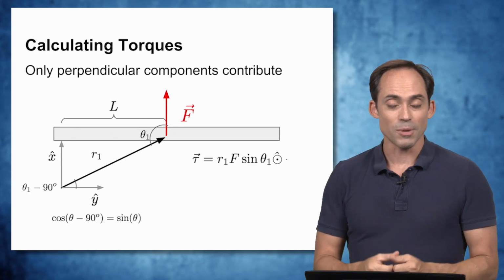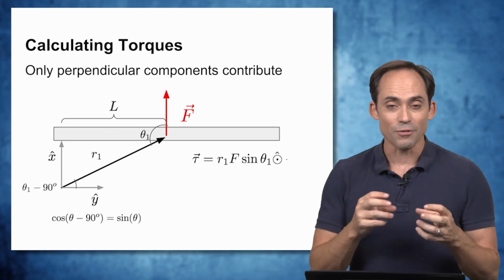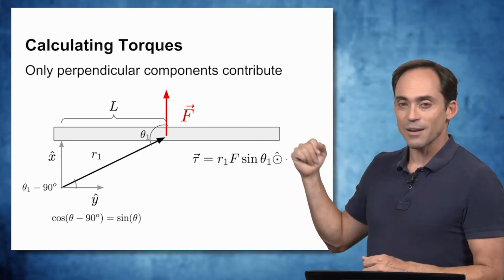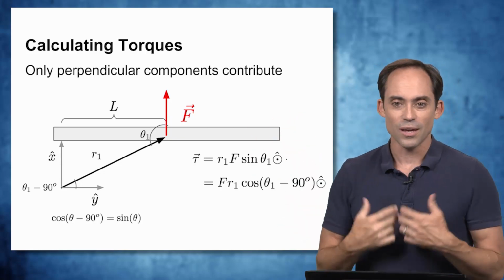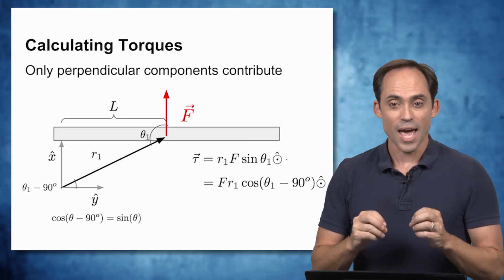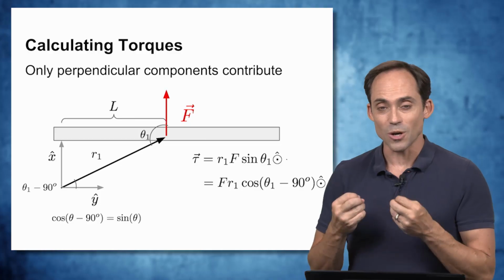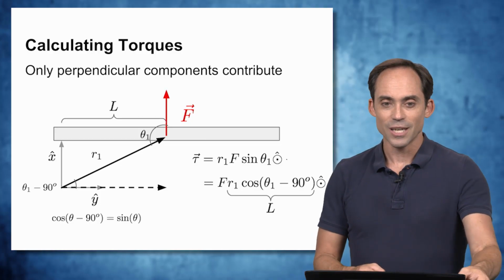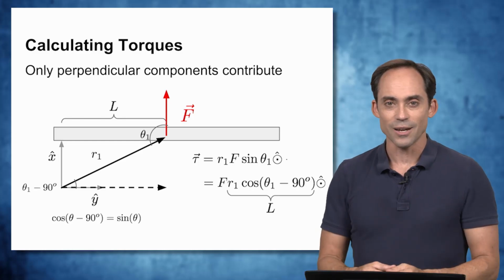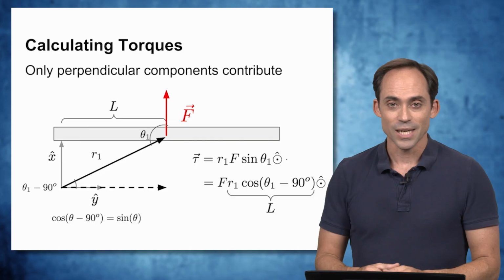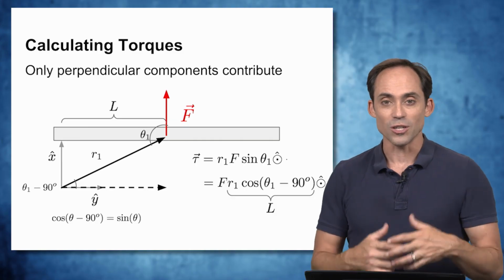Now it turns out trigonometrically that the cosine of theta minus 90 degrees is equal to sine of theta, so I can replace the sine of theta in there with the cosine of theta 1 minus 90 degrees. But that cosine of the angle times our position vector length, the hypotenuse of that triangle, is just the adjacent side, which is the y component of that vector, and the length of that y component of the vector is just L.